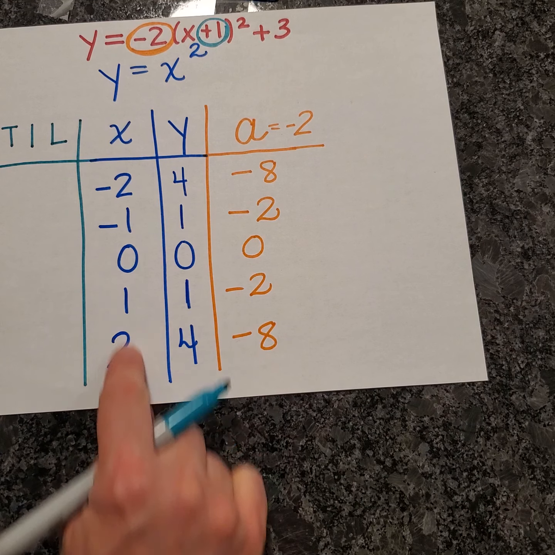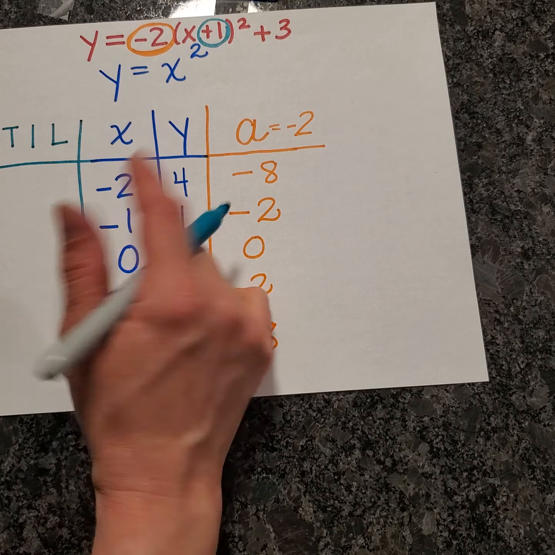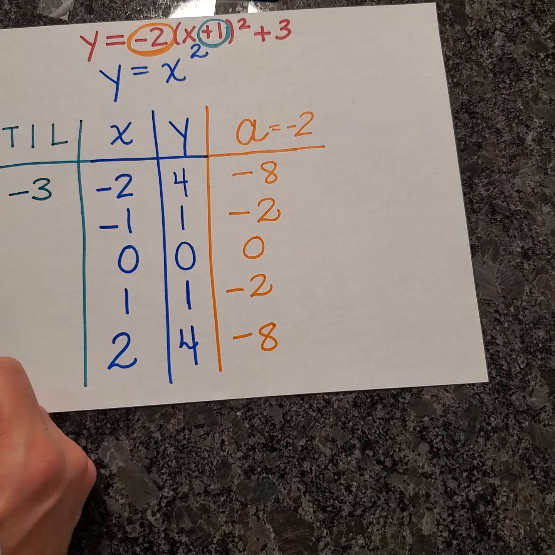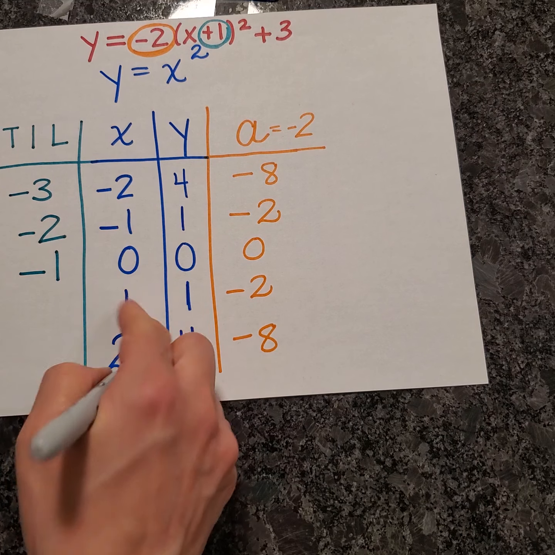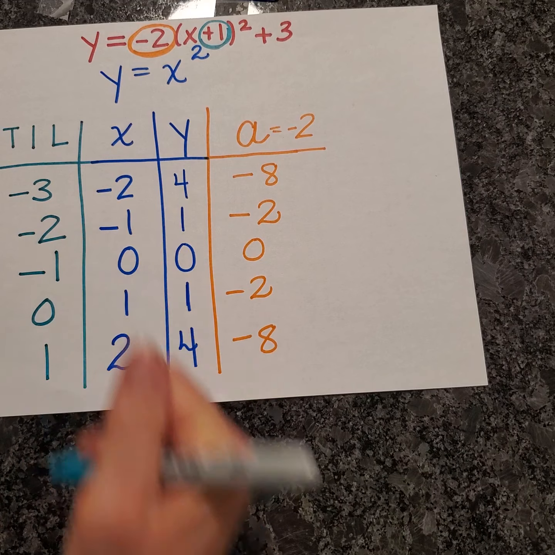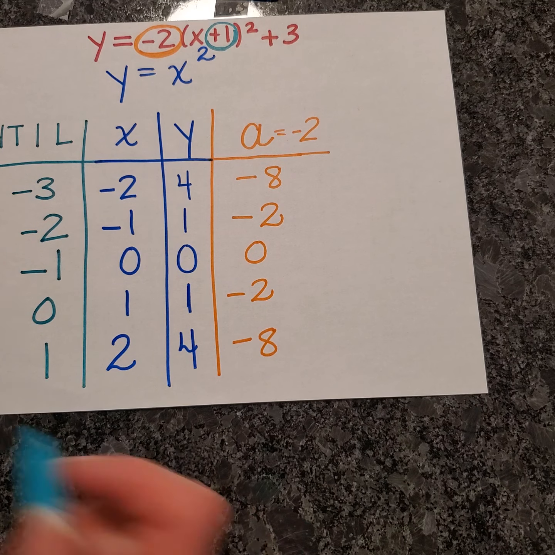So I'm going to move all of these x values 1 unit to the left. Instead of -2, this would be -3, -2, -1, 0, 1. I subtracted 1 from each of these x values.